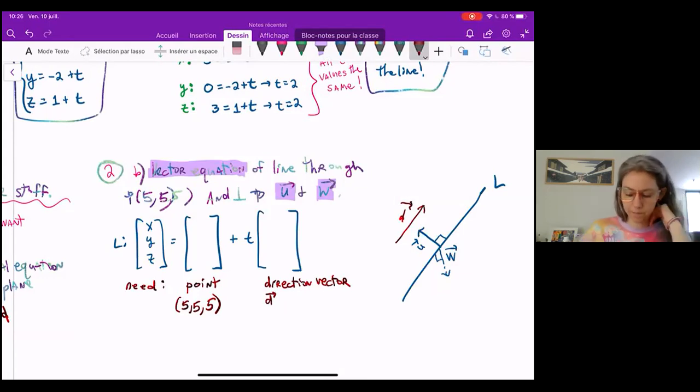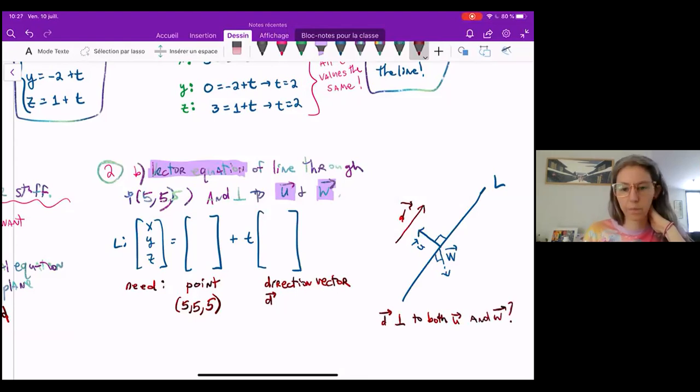Is D perpendicular to both U and W? Yes or no? Well, it's the same direction as the line, right? I know U and W are perpendicular to the line, so then yes, of course they're perpendicular to D.